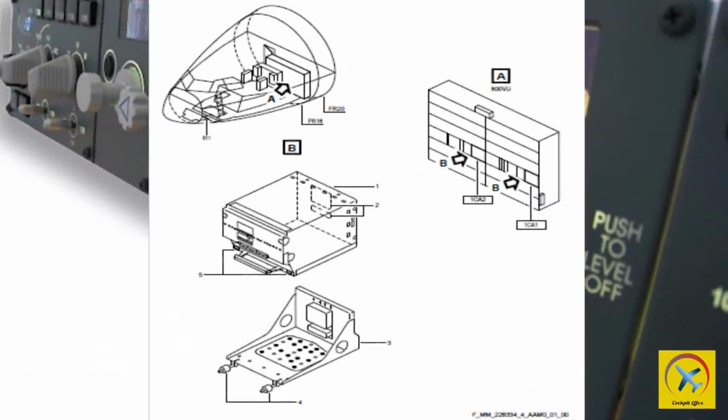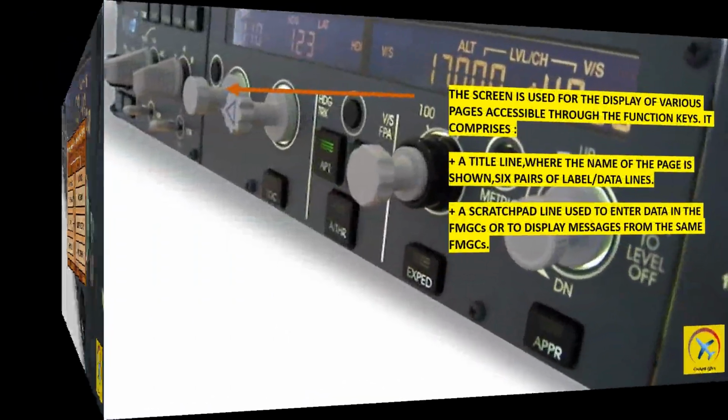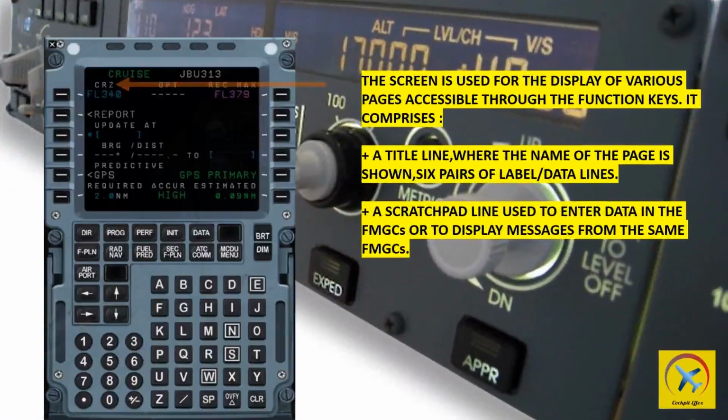The Flight Management Guidance Computer, FMGC, contains a navigation database which provides nav-aid auto-tuning, position computation, navigational accuracy checks, and flight planning through the Multifunction Control Display Unit, MCDU. The MCDU contains a performance database that provides predictions of fuel, time, distance, speed, and altitude.